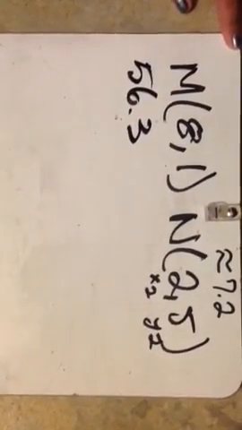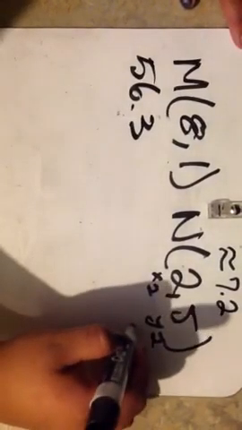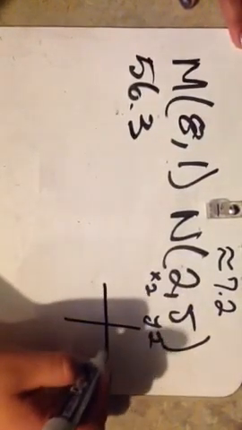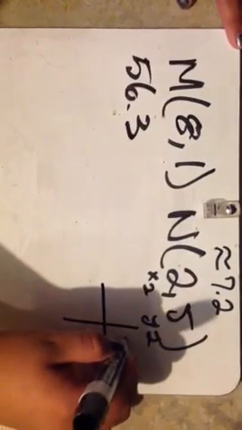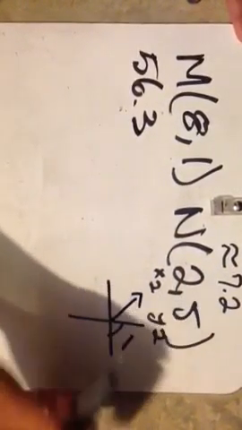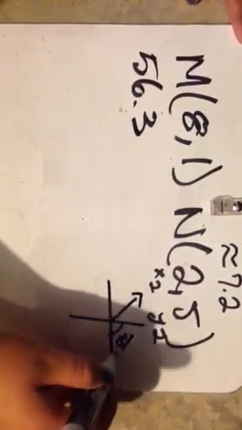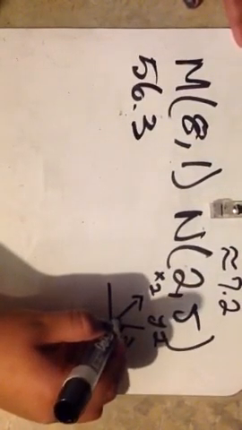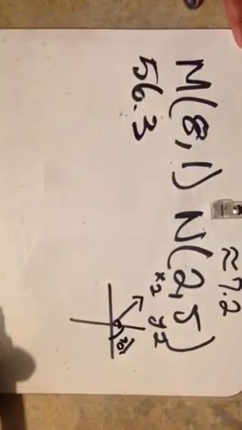And remember we had our graph, and this right there and right there, we wanted to figure out, because we know that this would be 90 degrees. So now we have to find out how many degrees it is right here.